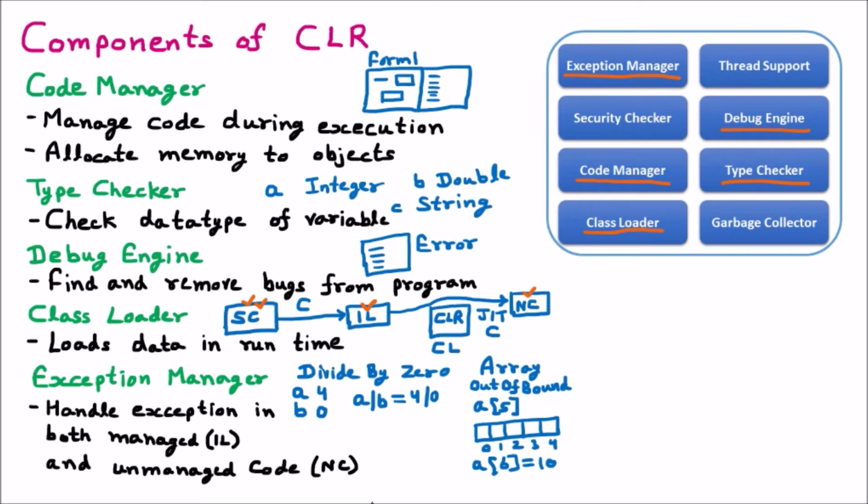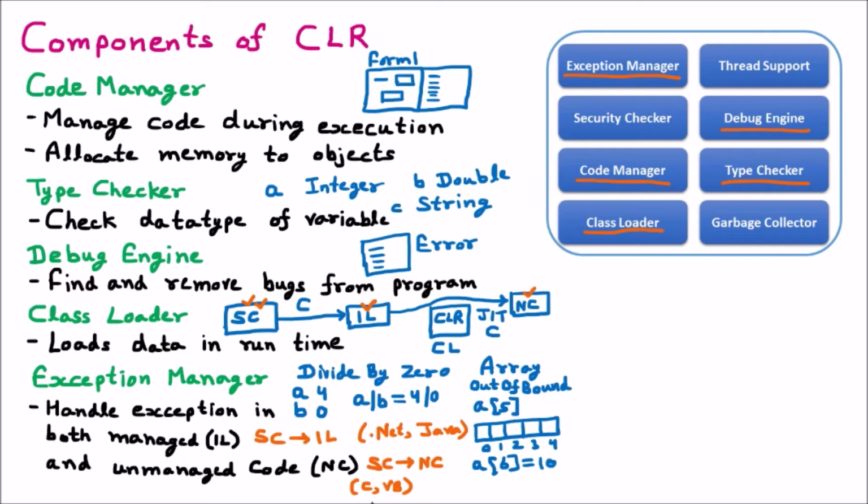And when we convert the source code to the intermediate language, we are not converting directly to the native code. Now this is called the managed code, and the languages which support it are .NET or Java. So these are supporting the two-step compilation, and here they are having the managed code. So both kinds of code are managed by the exception manager.